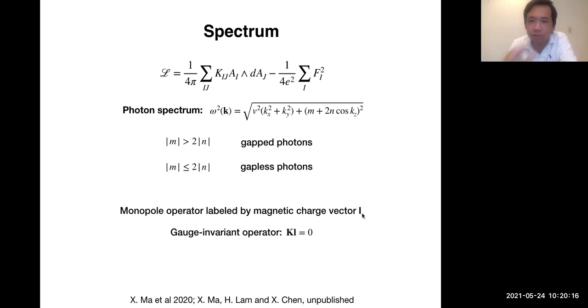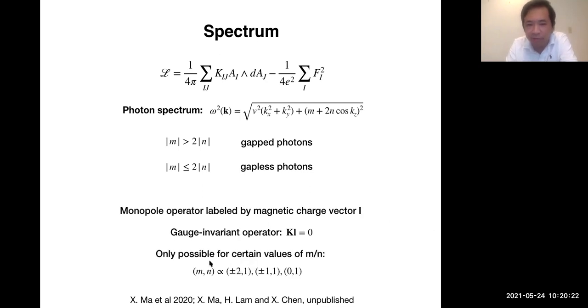And for this particular choice of the K-matrix with only the diagonal and the nearest neighbor off-diagonal, you only have a finite set of values for the ratio m over n that can possibly give you these zero modes. And this is going to be important. Okay, so this is the theory and the spectrum.